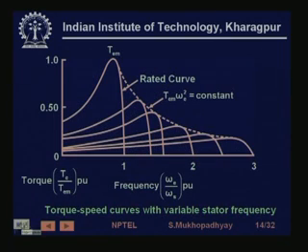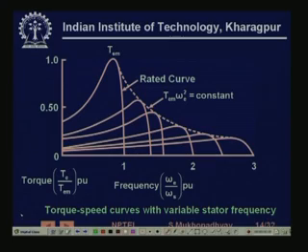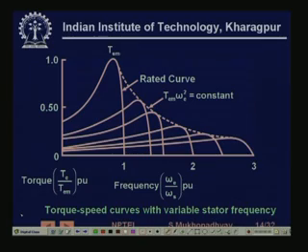On the other hand, what else? The second thing that we could do is change the frequency, keeping the voltage constant. Now this time you will notice that just like voltage cannot be increased, because there is going to be magnetic flux saturation, since the machine has not been designed for higher voltages, similarly, when you are talking about frequency, there is a rated frequency, and frequency cannot be decreased below that.